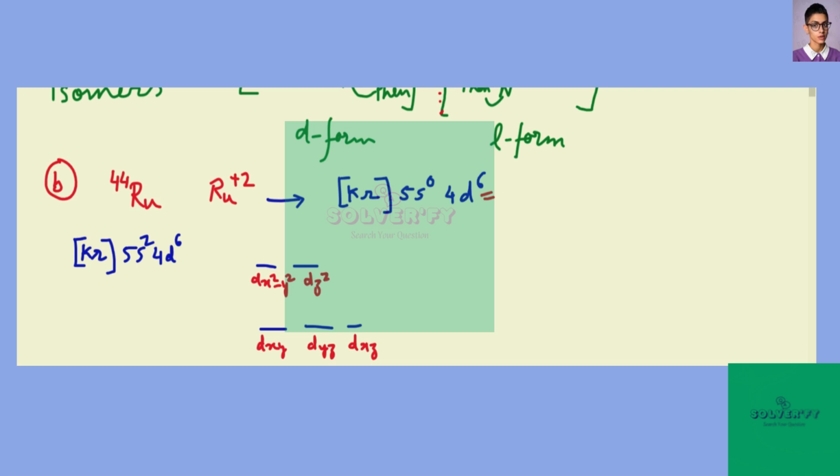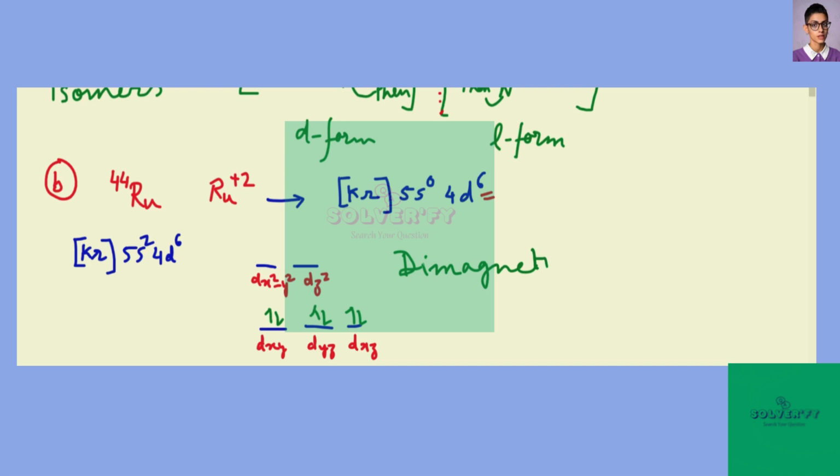And the electrons you can fill in green. So we can write 1, 2, 3, 4, 5, 6. So this is the only possibility of the electronic configuration which can very well explain how the complex is diamagnetic.